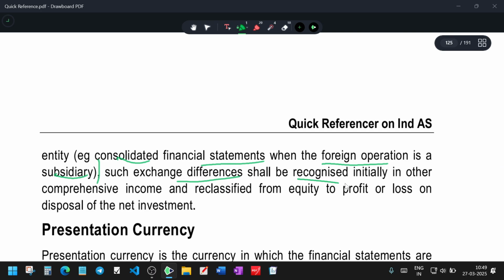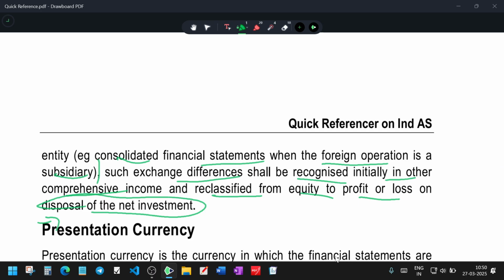such exchange differences shall be recognized initially in other comprehensive income and reclassified from equity to profit and loss on disposal of the net investment. What are they saying? Previously I considered it in comprehensive income, sir.